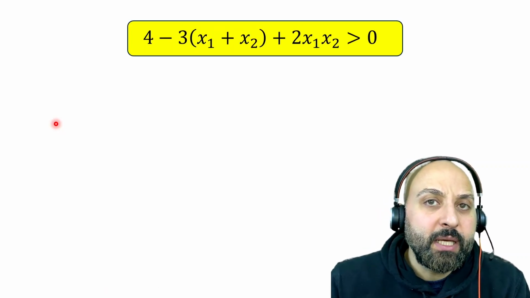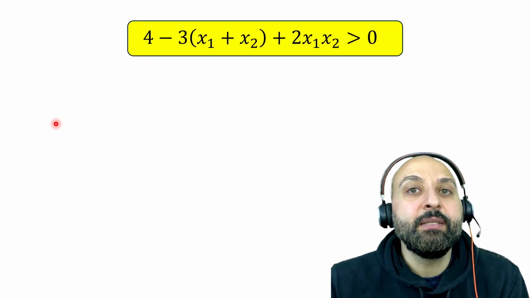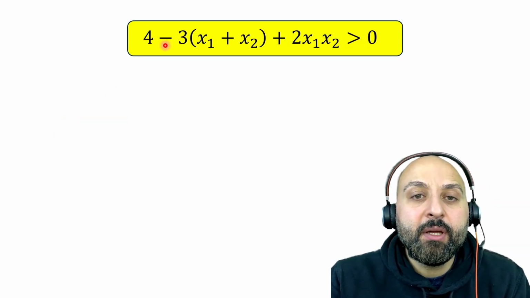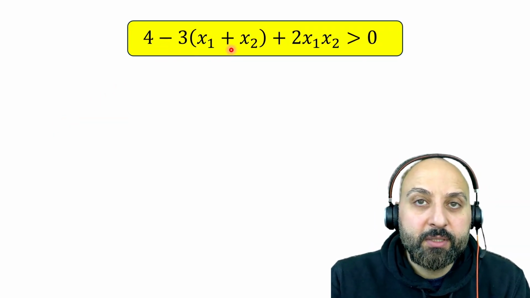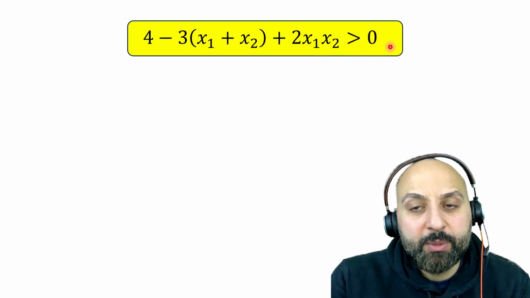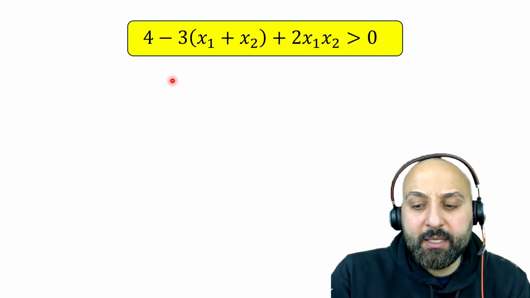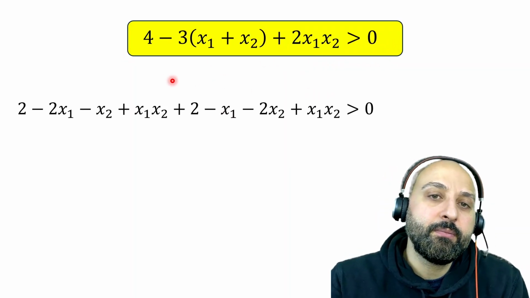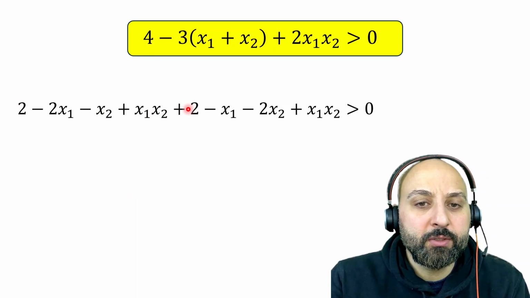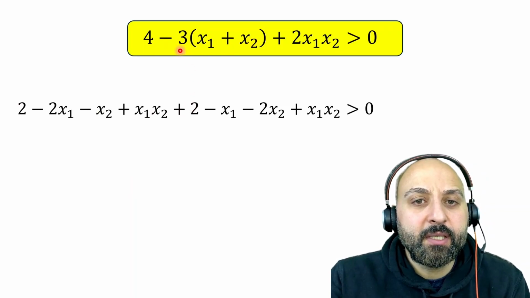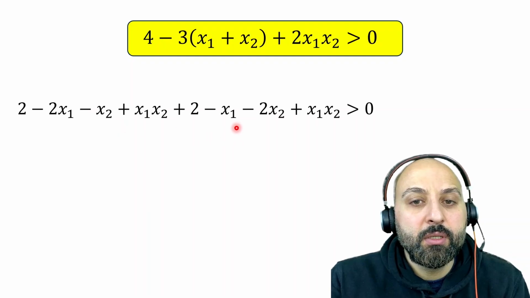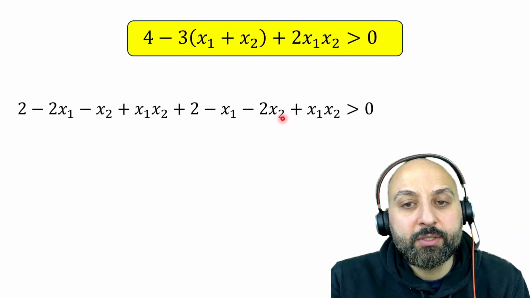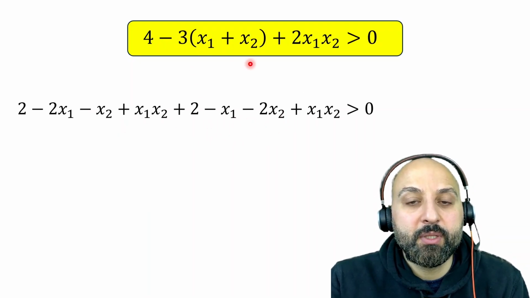Okay, so we have shown that based on the property given in the exercise, the term 4 minus 3 times (x1 plus x2) plus 2 x1 x2 has to be a positive number. We can rewrite this in the following format. Instead of 4, I write 2 plus 2. Instead of the middle term, I write minus 2x1 minus x2 and minus x1 minus 2x2, so this will be minus 3 times (x1 plus x2).